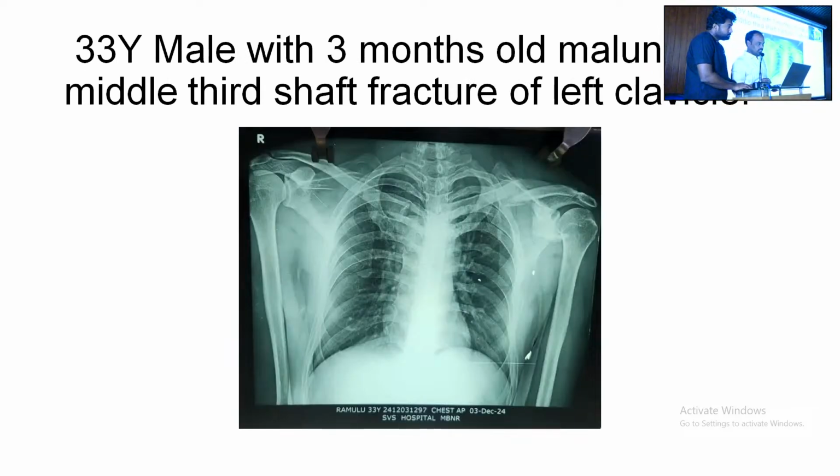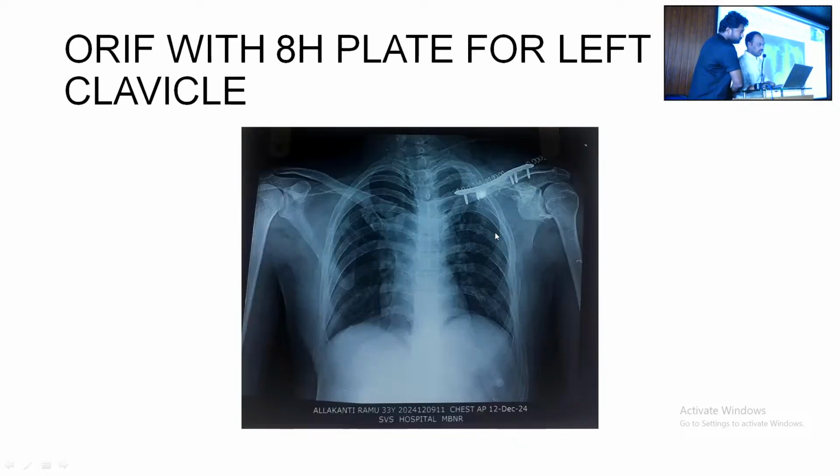33 years male with 3 months old malunited middle third shaft fracture of left clavicle, sir. Malunited, sir. Deformity is there, sir.